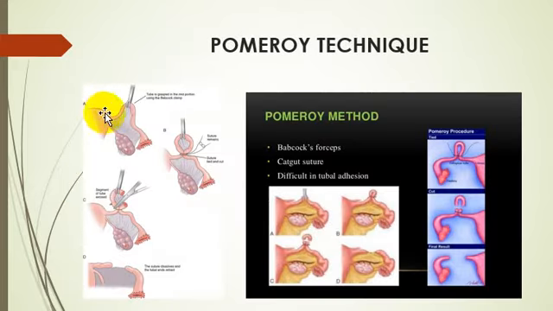Here we catch and hold the tube somewhere in the middle, and then it is lifted up, and the loop is formed, and then we tie it over that fallopian tube.